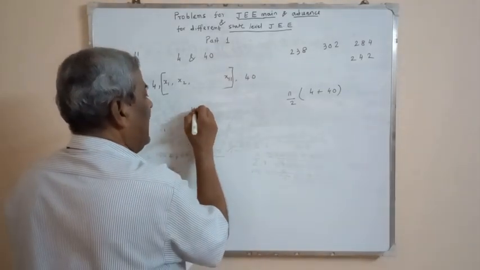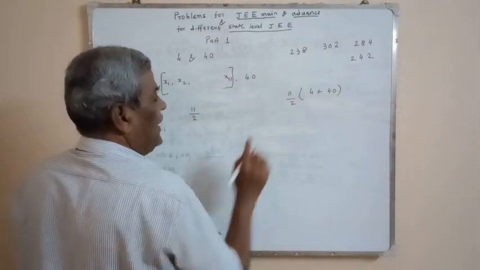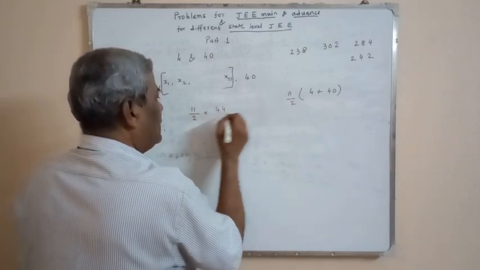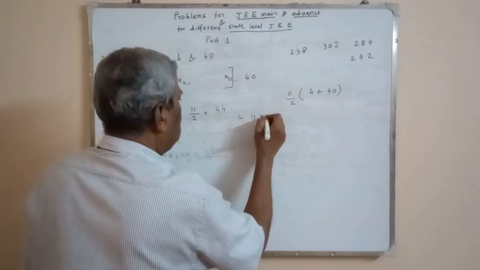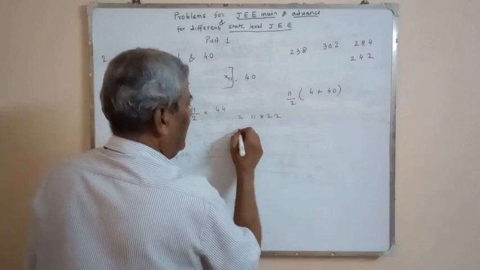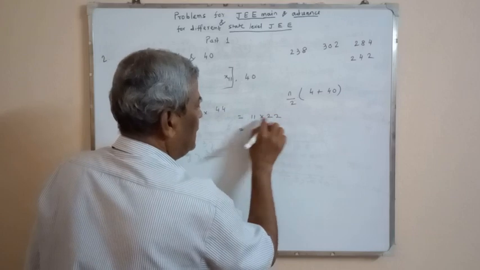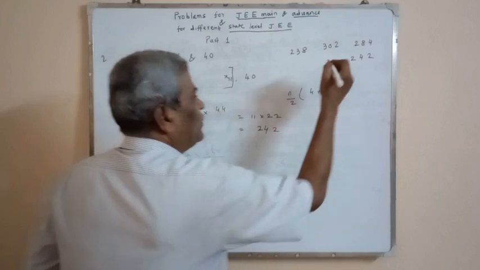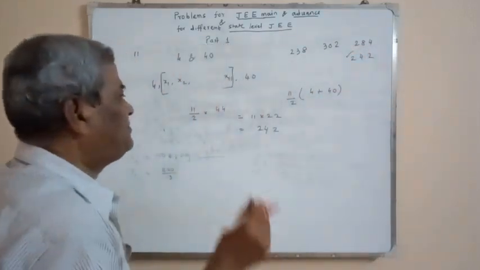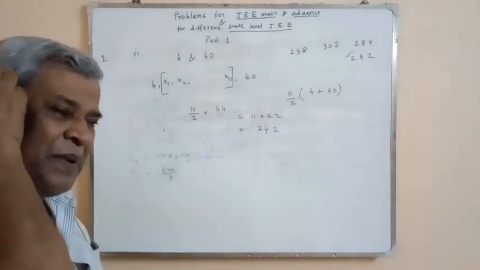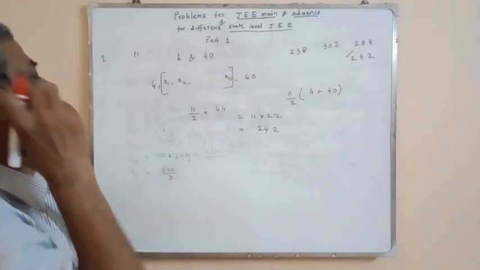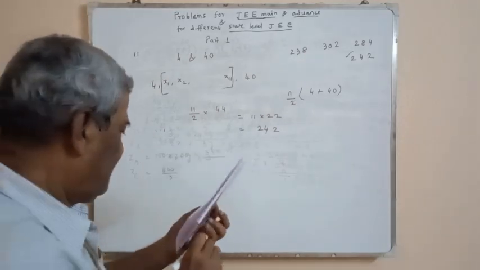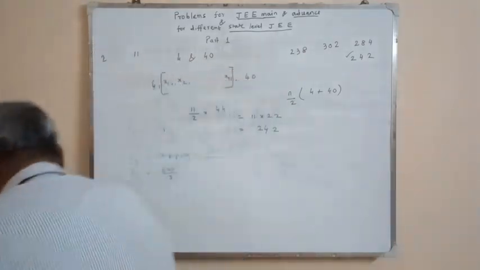So it is equal to 11 by 2 into 44, that is 11 into 22, so it is 242. So 242 is the answer. Knowing this very simple trick, you can save your time. Next problem.